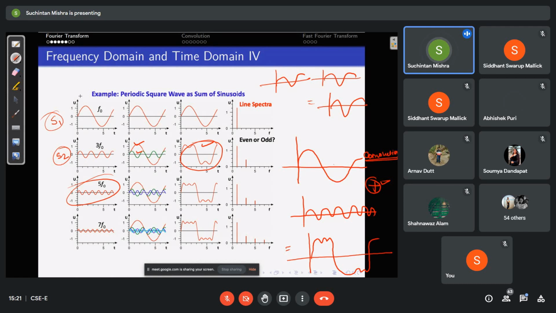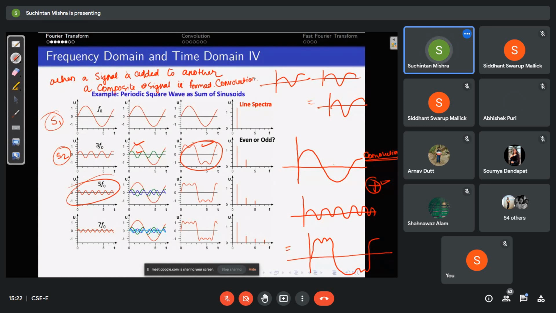So the point here is, when a signal is added to another, a composite signal is formed, and that composite signal is formed through the process of convolution.